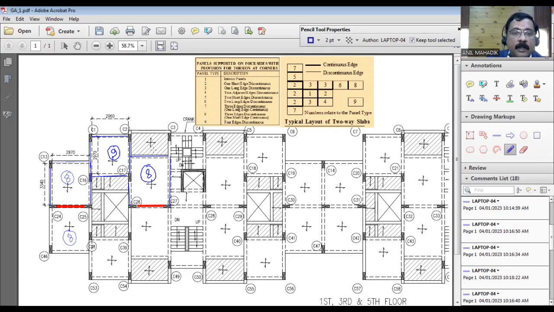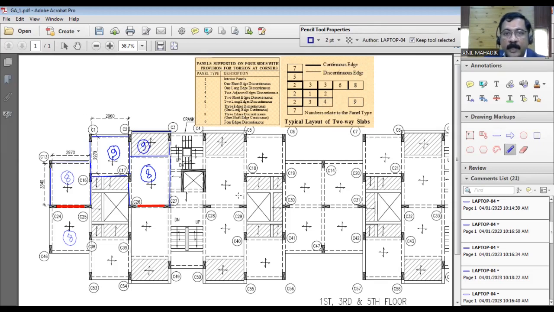Now this is a sunk. You know that there is a discontinuity over here, already we have mentioned. It is also discontinuous. Again discontinuous here, because there is a staircase over here and there is no slab here. So this is the simple case, which is nothing but all edges discontinuous. 9 number case.